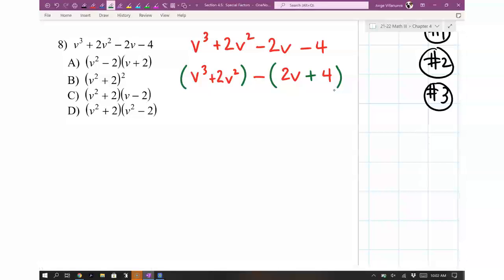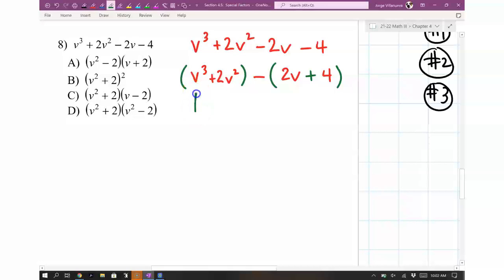Look at the first parenthesis. Okay, the v cubed plus 2v squared. What do those have in common? What do they share? V cubed and 2v squared. A v, right? How many v's do they have in common? One of them has 3 of them, one of them has 2, right?